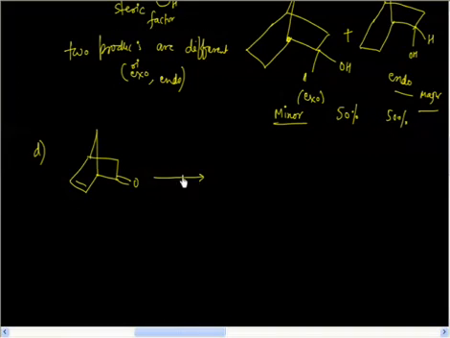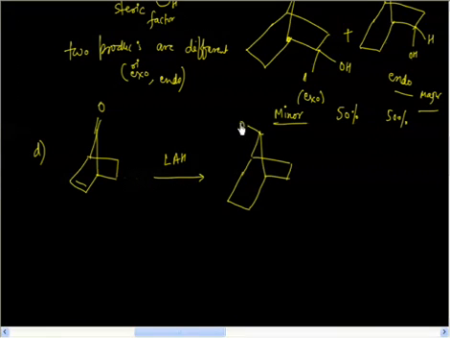Now if you do reduction with lithium aluminum hydride, again I think this double bond O is here, not here. So let us remove this one. Now again you will have two possible products. So one OH this side, another time OH this side. So you can write these two products.